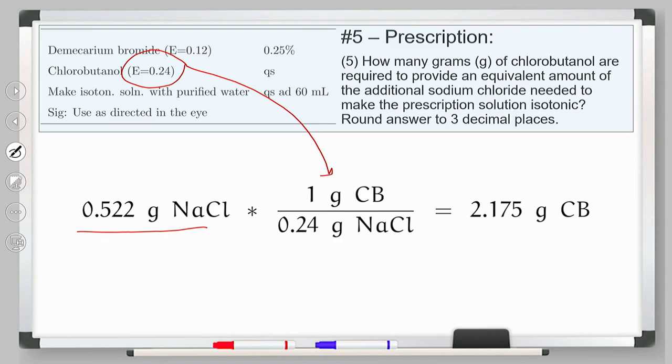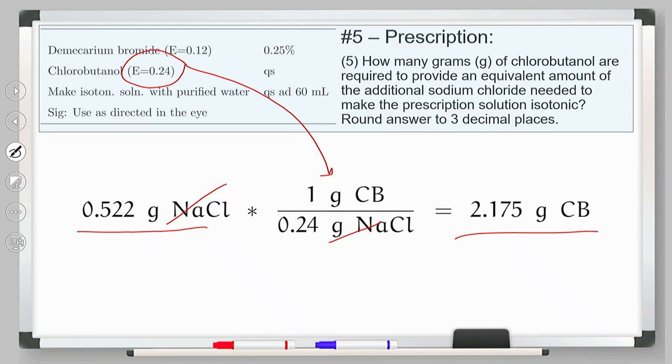But remember, 0.24 means 0.24 grams of sodium chloride per gram of chlorobutanol. Since I want to convert to chlorobutanol, I'm going to put 1 gram of chlorobutanol in the numerator and 0.24 grams of sodium chloride in the denominator. So when I multiply it by 0.522, grams of sodium chloride cancel, and what I'm converting to is an equivalent weight of chlorobutanol.